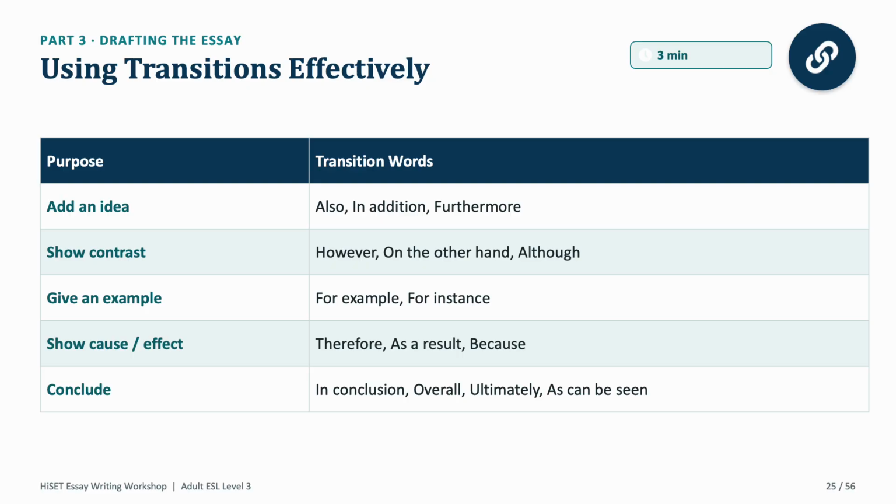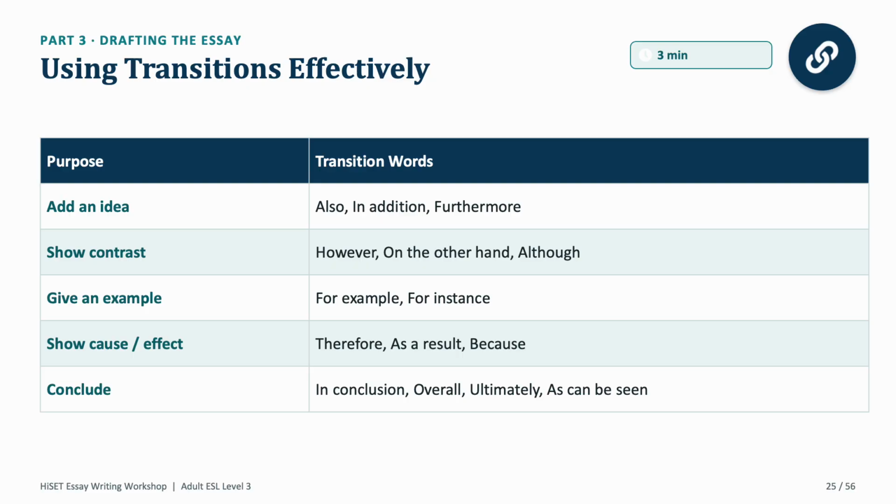They connect ideas. So, if you want to add an idea, you would use also, in addition, furthermore. Or if you're showing contrast, you would use however, on the other hand, although.